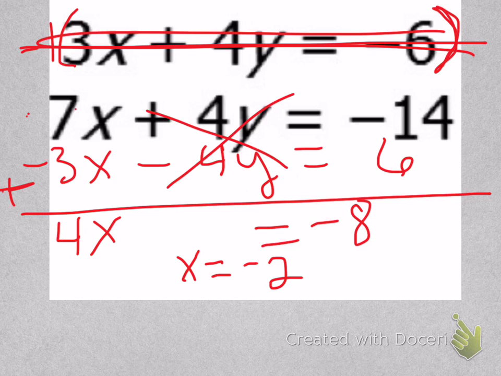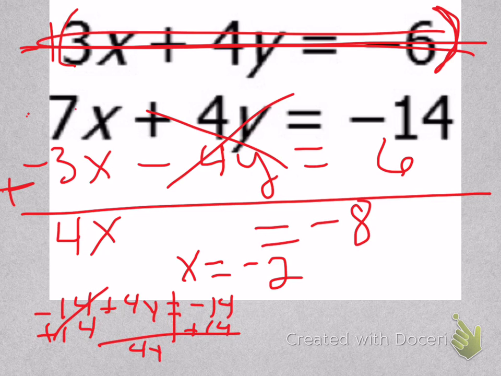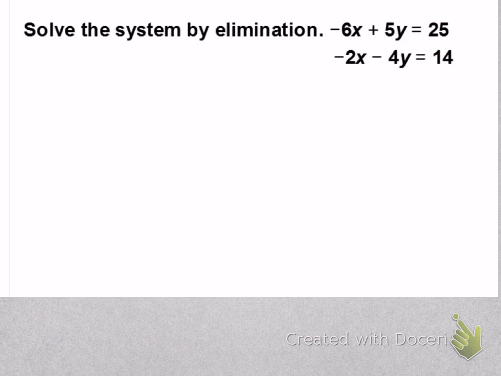So 7 times negative 2 is negative 14 plus 4y equals negative 14. Plus 14, so 4y equals 0, and 0 divided by 4 is 0. So y equals 0. So we write our ordered pair, we have negative 2, 0.